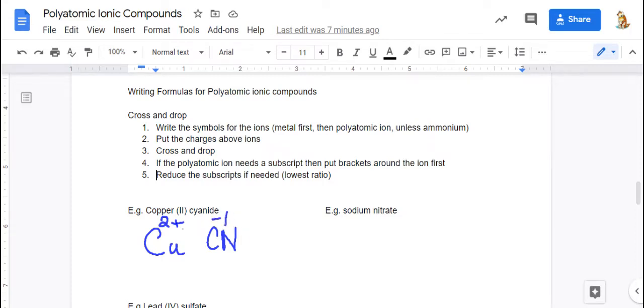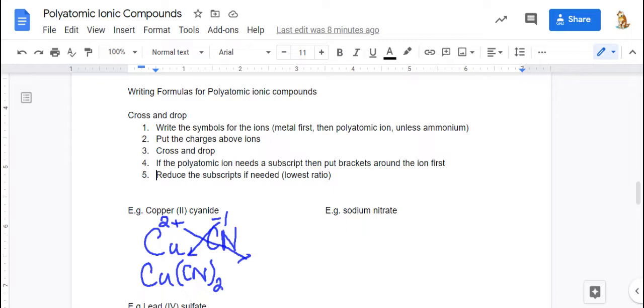So crossing and dropping, the copper ends up with a subscript of 1, which we don't have to write. And you put your CN, but because it has to have now a subscript of 2, you put the entire polyatomic ion in brackets, and then you put in your subscript 2. Otherwise, it looks like it's CuCN2, that there's only 2 nitrogens, not 2 cyanides.